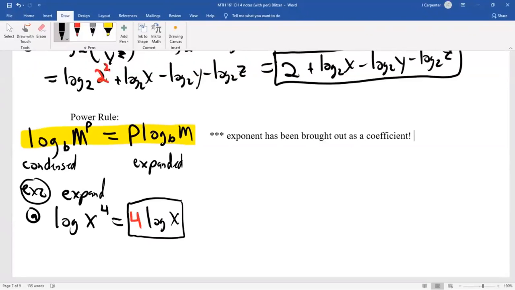Now we have just a log of a number or a log of a variable without an exponent. Having exponents inside of logarithms complicates things. Having just a number times a logarithm, that's a lot simpler in terms of a concept. But again, just because the left side is more complicated doesn't mean it's not useful. It is quite often useful. Let's do another one. Let's do the log of 4, b.